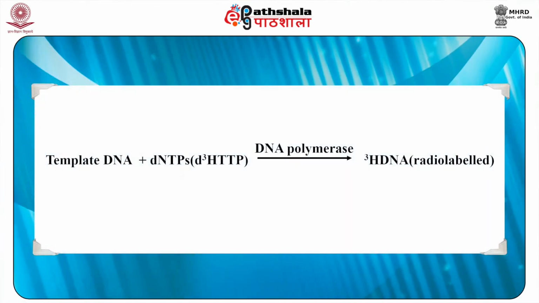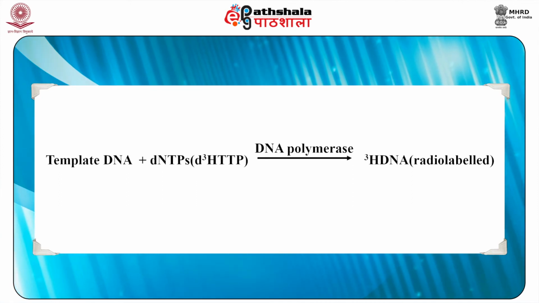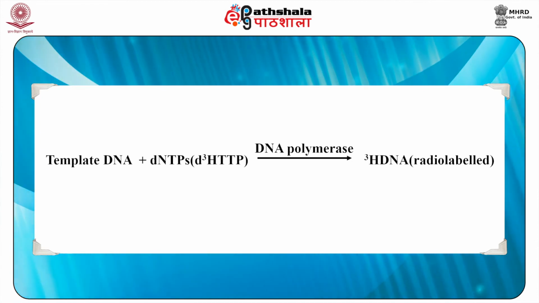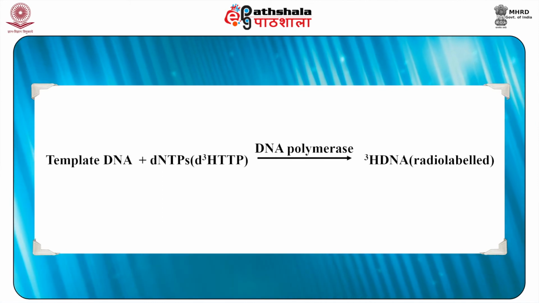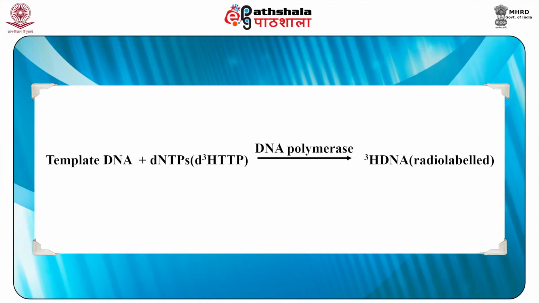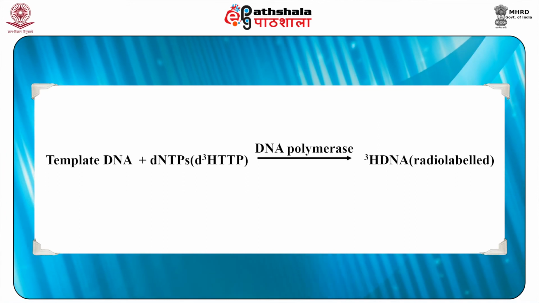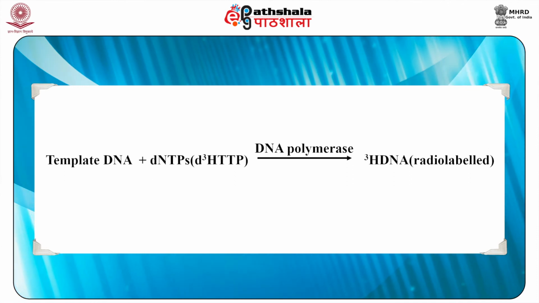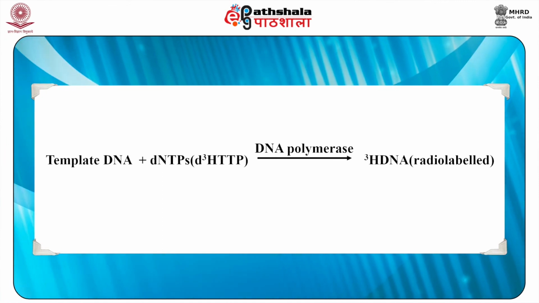In the assay of the enzyme DNA polymerase, which incorporates deoxynucleotide triphosphates or deoxy-NTPs into DNA polymers using template DNA, radioactive deoxy-TTP, wherein thymidine is labeled in one of the hydrogens with tritium, is added as one of the substrates along with the enzyme DNA polymerase to be assayed, and DNA, which acts as a template, also has to be added.